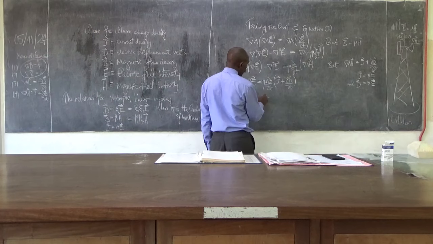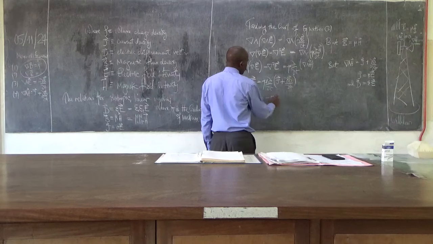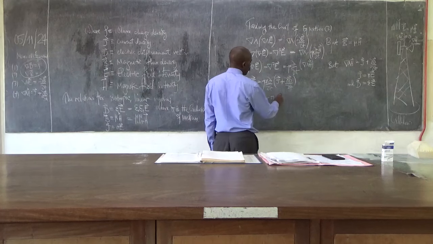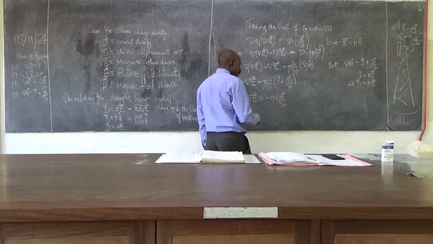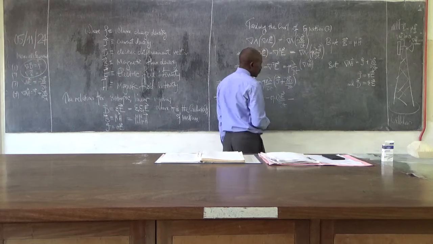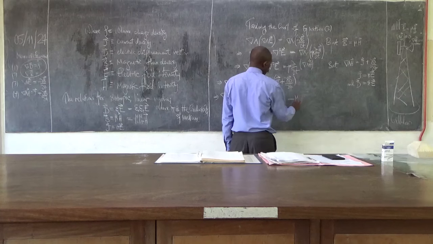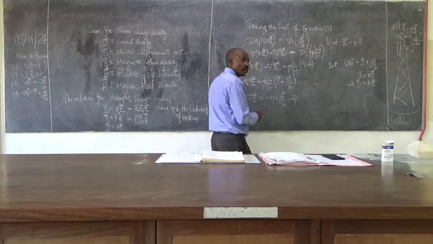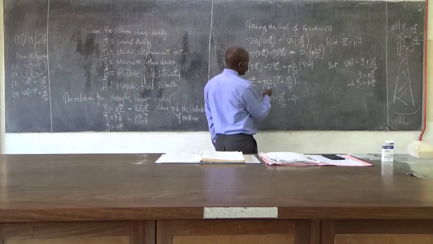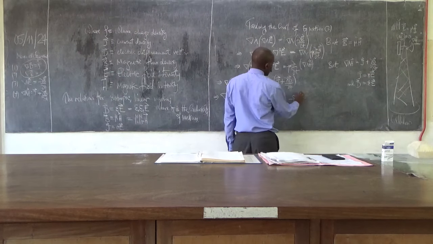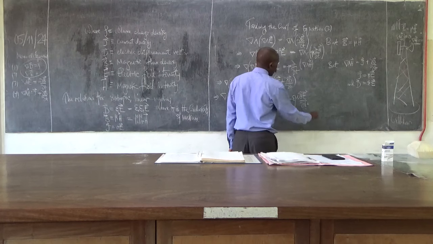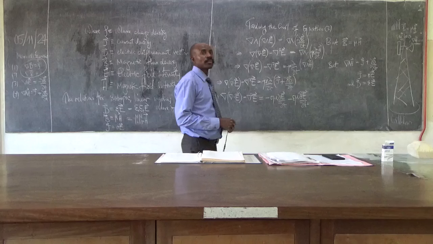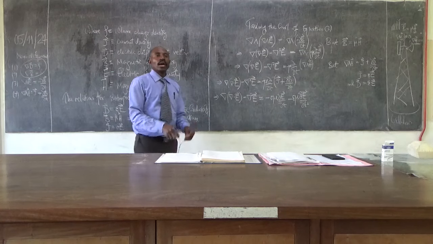So it is minus sigma mu partial E by partial t, and then I have minus, D is epsilon, so it will be mu epsilon, and then this partial here will be combined with this, I get partial squared E by partial t squared. Are we together?